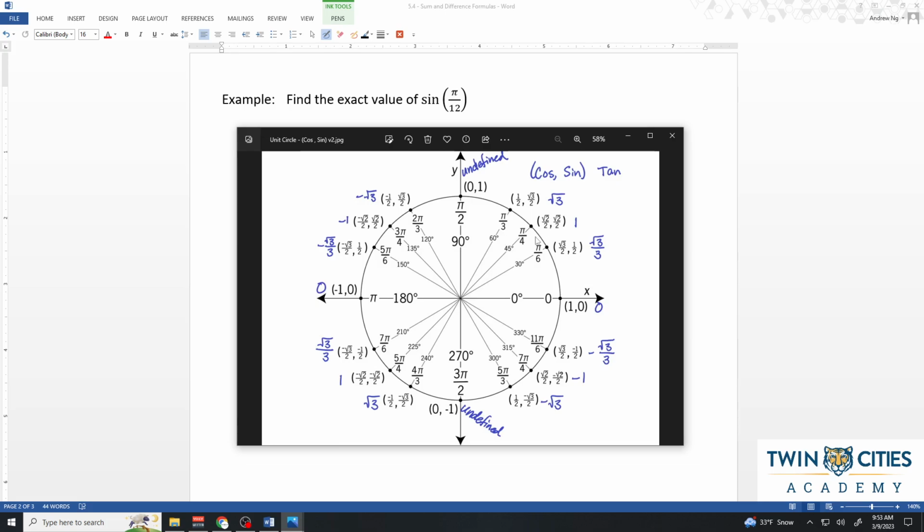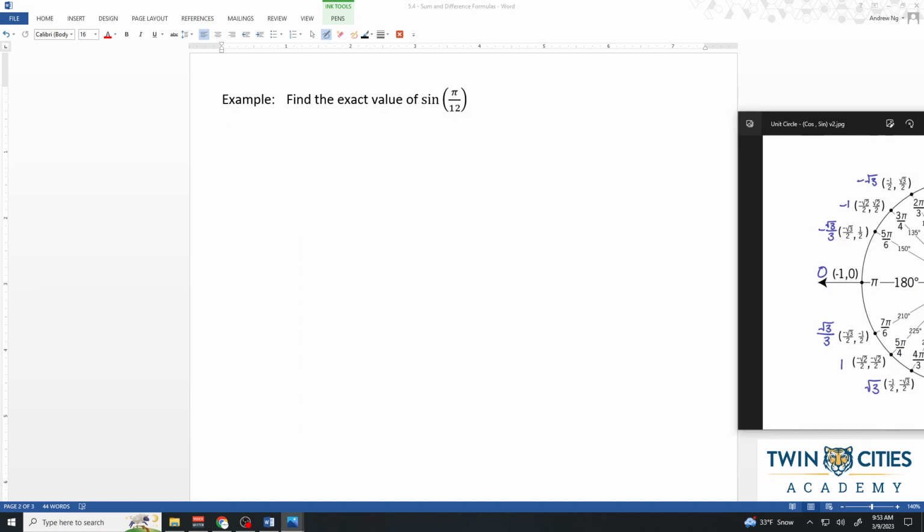And pi over 4 is the same as 3 pi over 12 if I were to multiply the top and bottom by 3. So what I could do is say pi over 3 minus pi over 4 would be the same as 4 pi over 12 minus 3 pi over 12, making a single pi over 12. Okay, so that's the way I'm going to do this. Let's write that down before I forget that.